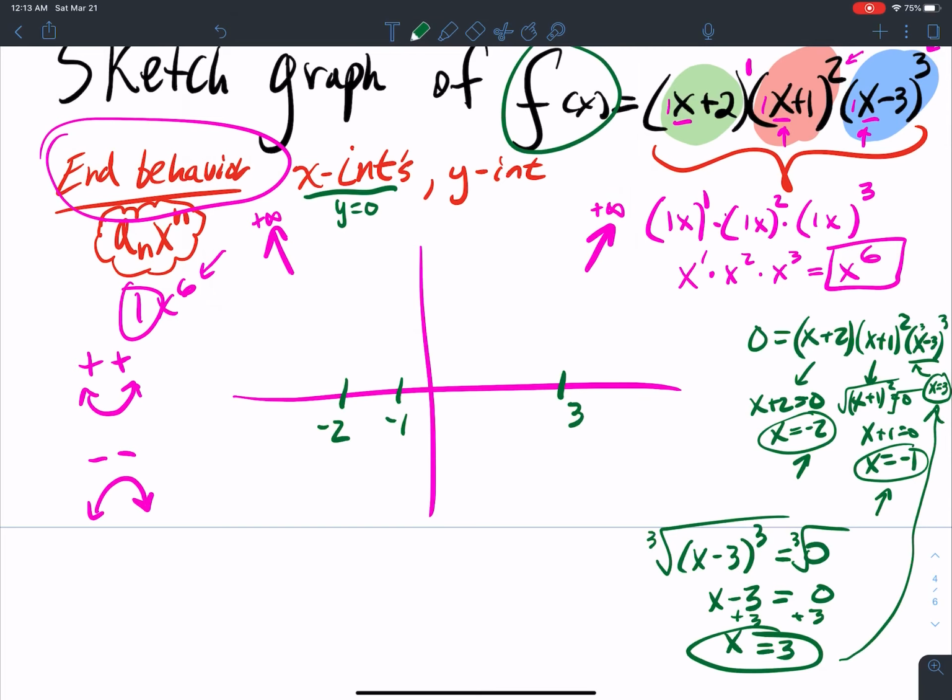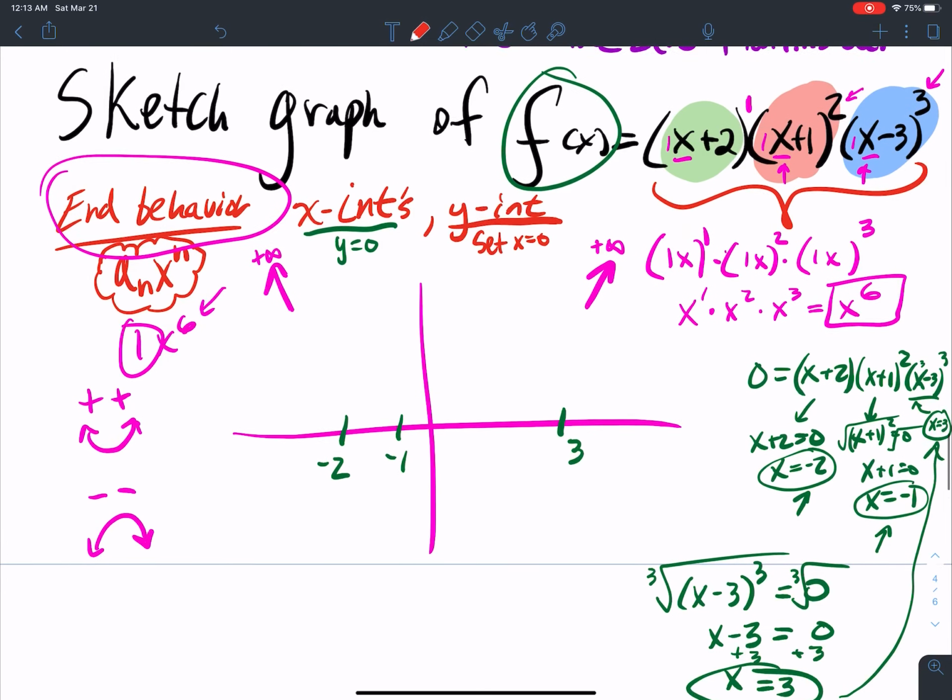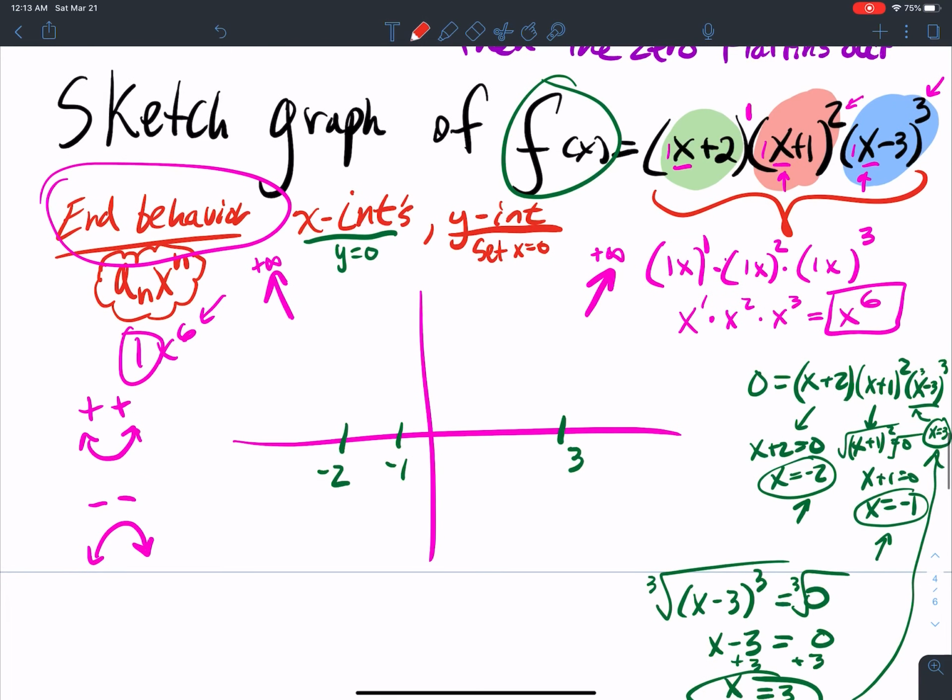Okay, how do I get the y-intercept? I set x equal to 0. So everywhere I see an x, I'm going to put a 0. So f of 0 equals 0 plus 2 to the 1, 0 plus 1 to the 2, and 0 minus 3 to the 3.